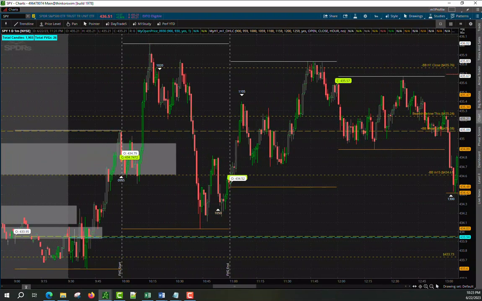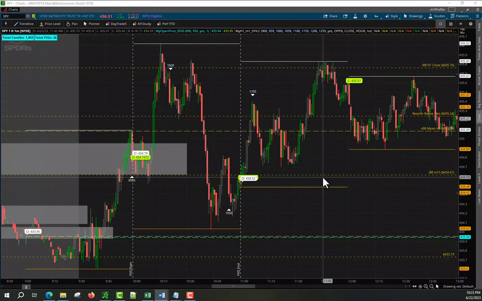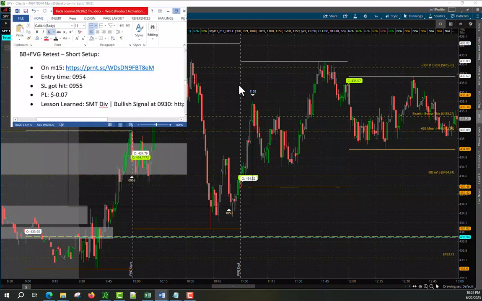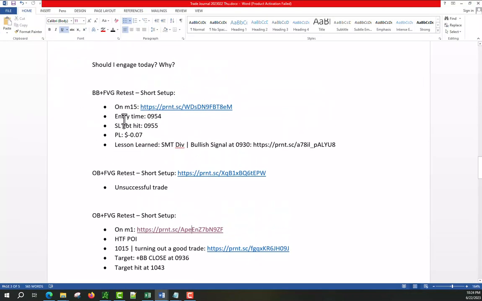Right, so we learned a lesson. We took one trade and we lost 7 cents. So here's the summary for the trade we checked. The setup we traded is the order block, fair value gap retest short setup.